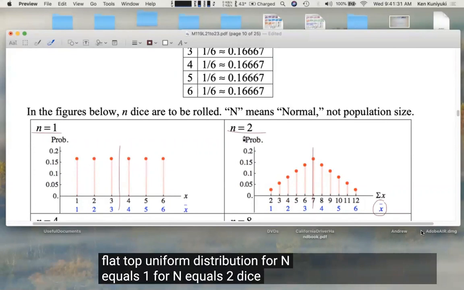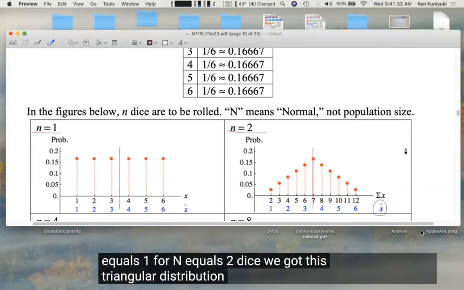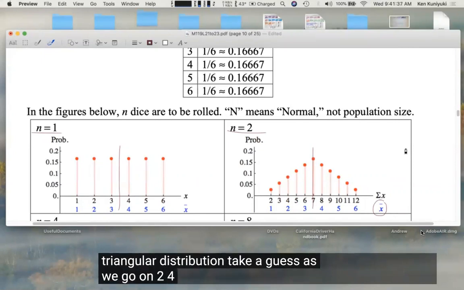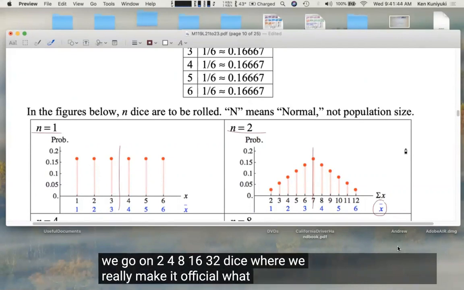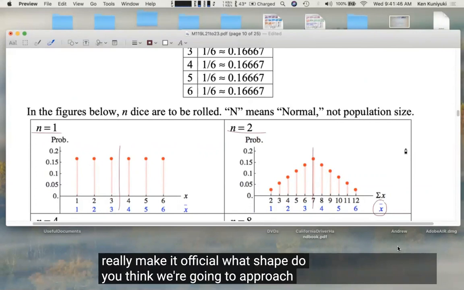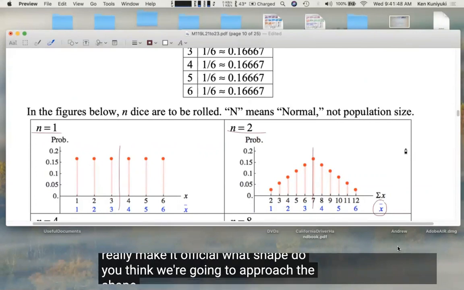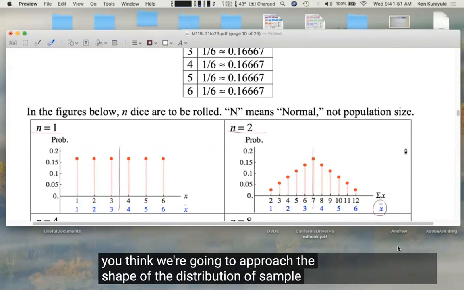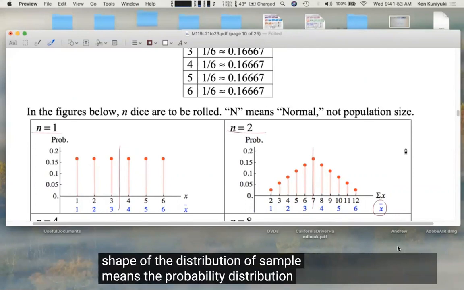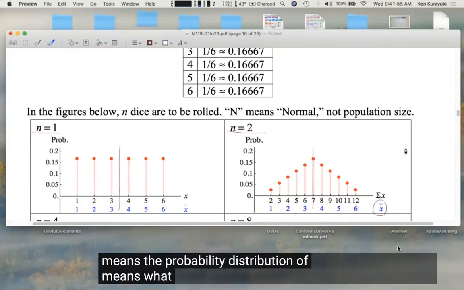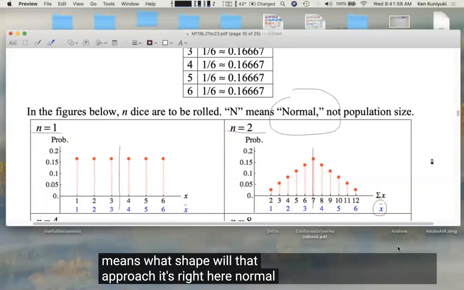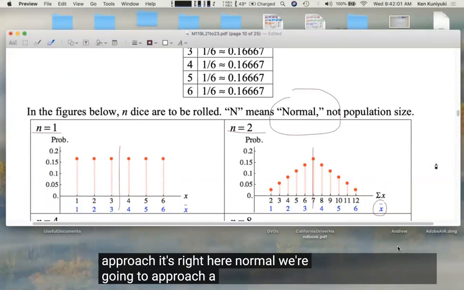For n equals 2 dice, we got this triangular distribution. Take a guess. As we go on to 4, 8, 16, 32 dice, where we really make it official, what shape do you think we're going to approach? The shape of the distribution of sample means, the probability distribution of means. What shape will that approach? It's right here. Normal. We're going to approach a normal.